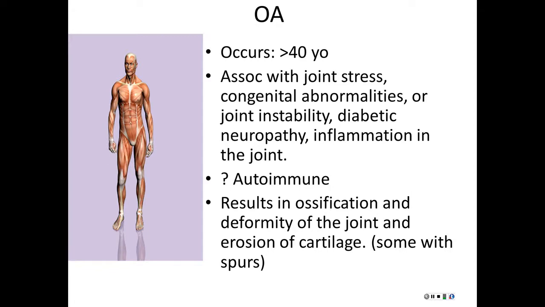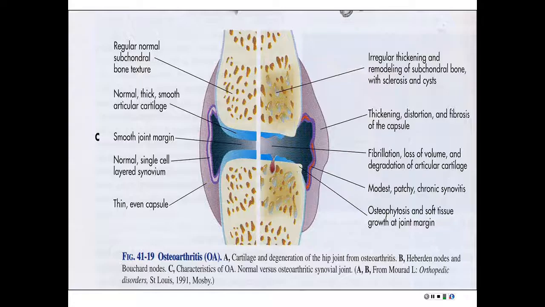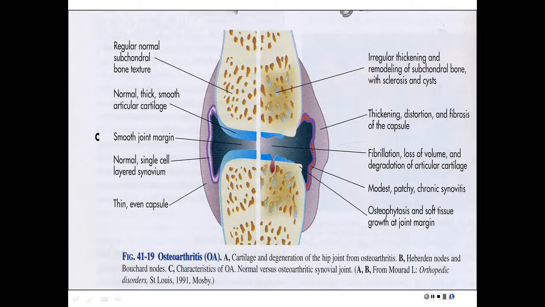Is it autoimmune? They don't really know. It results in ossification and deformity of the joint and erosions of the cartilage with some spurs. So osteoarthritis, see, this would be a normal joint on your left, and on the right, this would be an osteoarthritis, and gradually it will tear down all the way to the bone level.